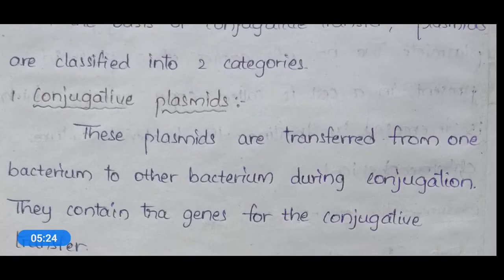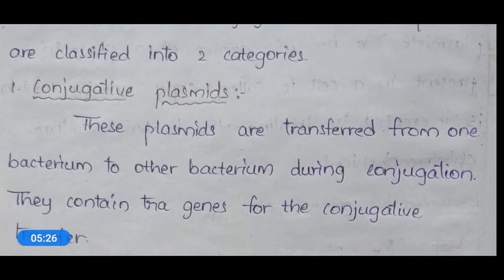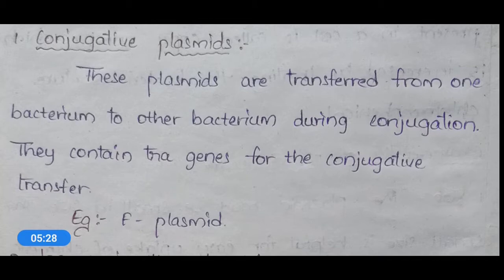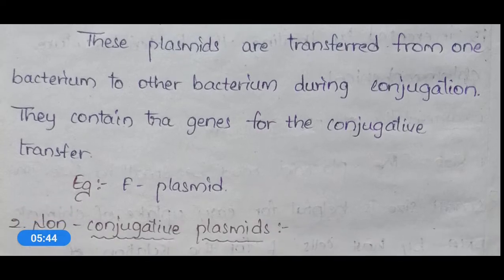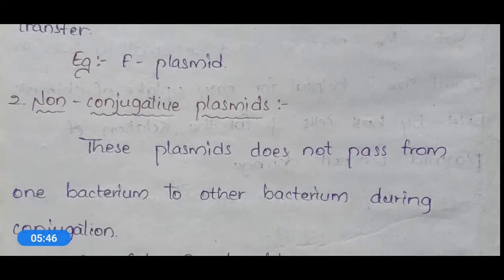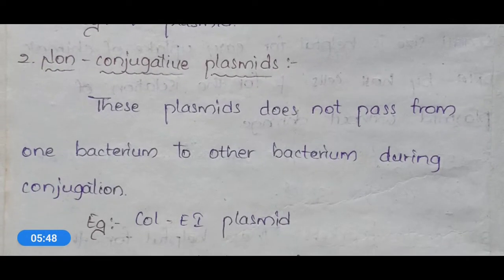Based on conjugative transfer, these plasmids are of two types: conjugative plasmids and non-conjugative plasmids. The difference is that conjugative plasmids transfer from one bacterium to another during conjugation, for example the F plasmid, whereas non-conjugative plasmids do not pass from one bacterium to another during conjugation, for example the col E1 plasmid.